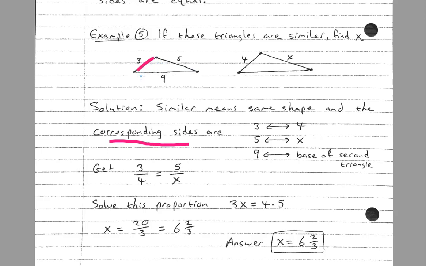So these are two corresponding sides, so we can make the ratio 3 to 4. We can also see these two sides correspond, so we get another ratio 5 to X. And these two sides correspond, so we get 9 to whatever this length would be. We're not given that number.